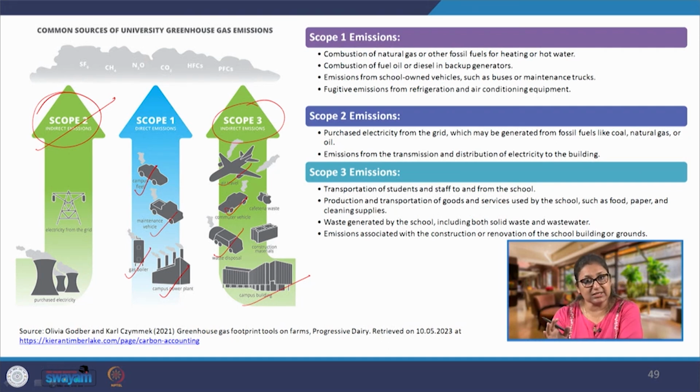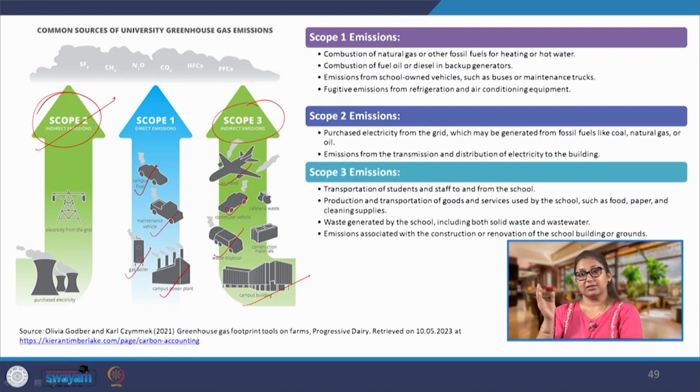Because some things are generic, irrespective of the context. For example, if we use materials which are highly energy intensive, for example metals, for example glass, which are processed in industries, they require very high temperatures or a lot of energy to be processed to be used in a particular form, all these materials would have very high scope 3 emissions which are attached to them, which are linked to them.